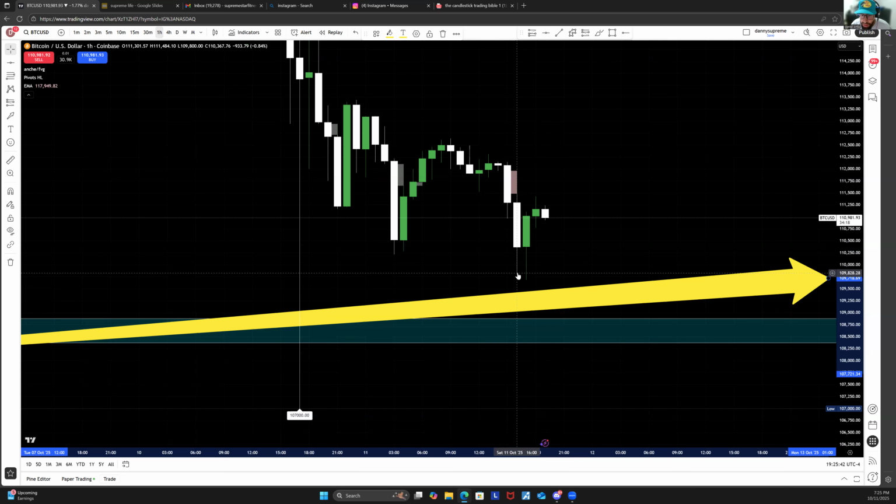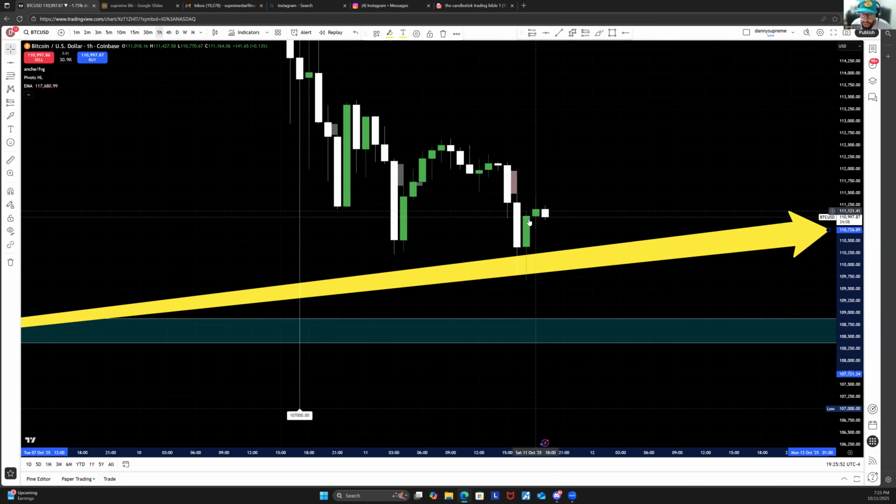All the way from here, all the way up over here to 111,000. Now we can follow this arrow if you want to, and right here, $111,048 and 35 cents. You see that? Okay.